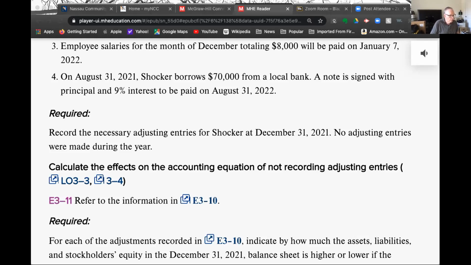How many months are we accruing? The loan was made October 1st. So that's October, November, December. That's 3 months. 90 times 3 is 270. So we're going to debit interest receivable and credit interest revenue for 270.